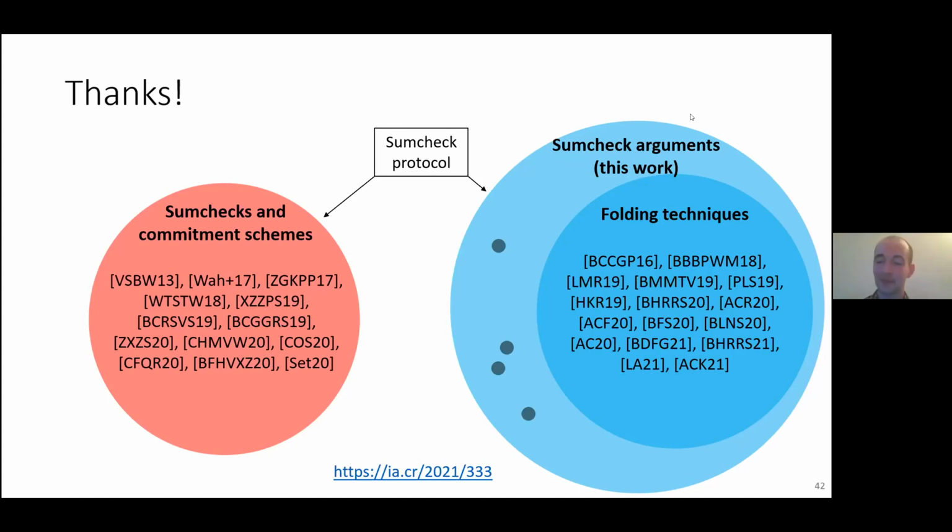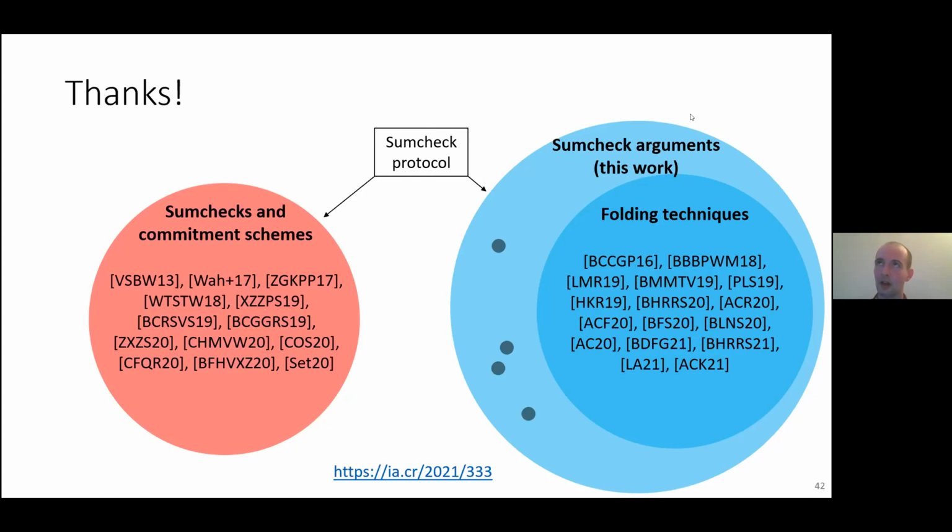Okay, so yeah, I think that's a great question. That's not actually something we've investigated so far, but I think it's quite plausible that FRI does have some connections to the sumcheck protocol. Possibly it might be a little bit different from some of the other sumcheck arguments here, because FRI's really presented as an IOP, and the cryptographic commitment scheme there is based on Merkle trees and hash functions, and doesn't have quite the same homomorphic properties.